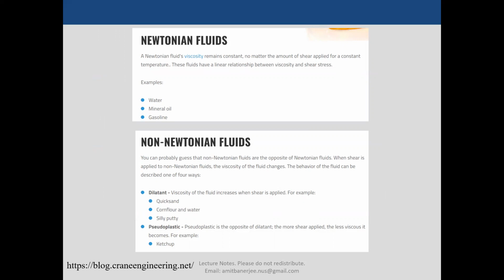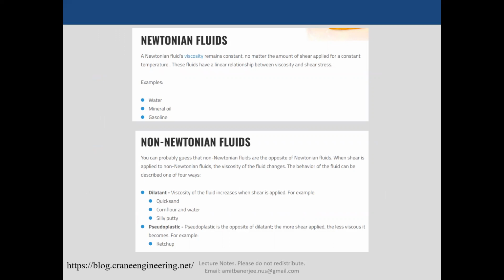That gives the concept of Newtonian fluid and non-Newtonian fluid actually. A Newtonian fluid's viscosity remains constant no matter the amount of shear applied, at constant temperature. These fluids have a linear relationship between viscosity and shear stress. What is a non-Newtonian fluid?